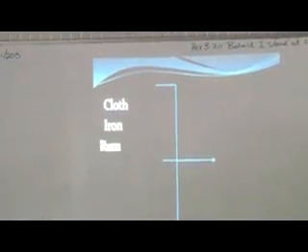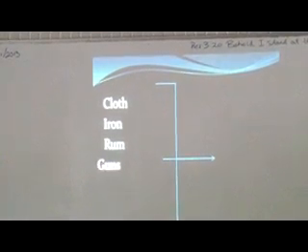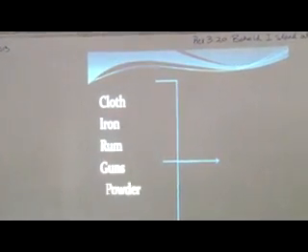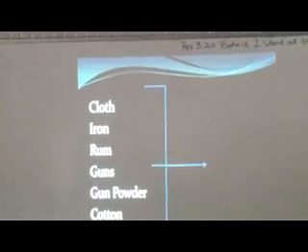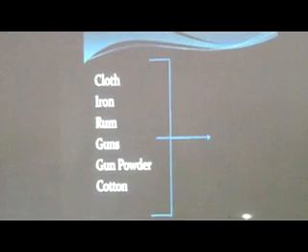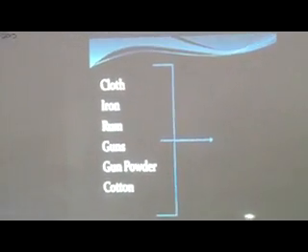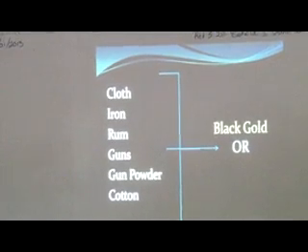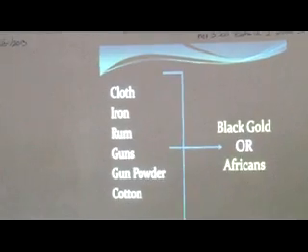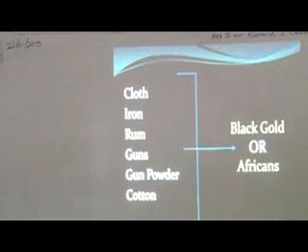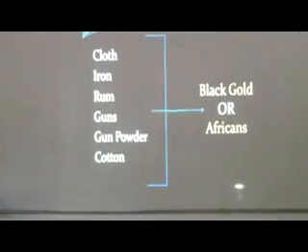Cloth, iron, rum, guns, gunpowder, and cotton were some of the goods traded for black gold, or Africans.